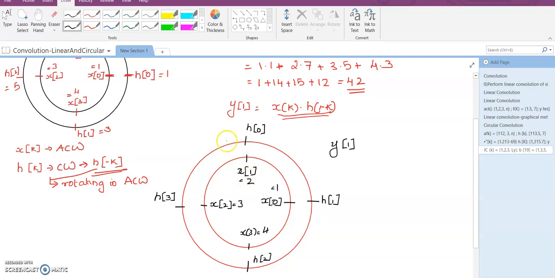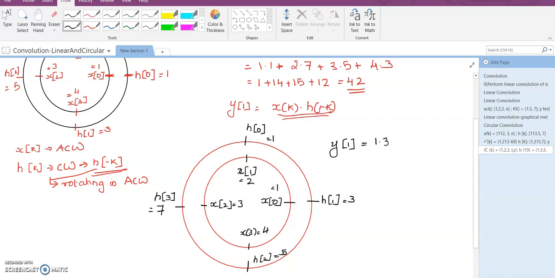So h of 0 is 1, h of 1 is 3, h of 2 is 5, and h of 3 is 7. To compute y of 1, we calculate the elements as mentioned before.